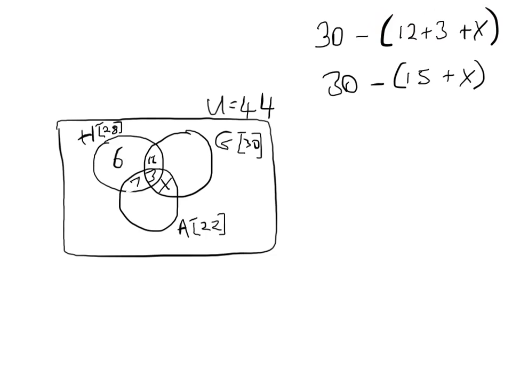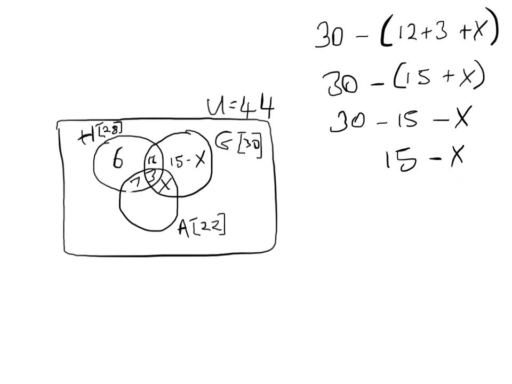So 12 plus 3 gives you 15, and then if we minus everything inside the brackets, that becomes 30 minus 15 minus x. See, if you multiply a negative by two positives, you get two negatives. Now that gives you 15 minus x, so we can put that 15 minus x in here now.